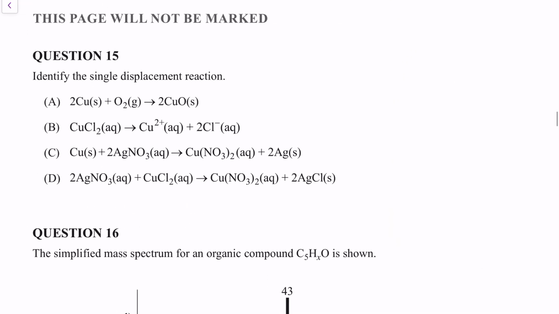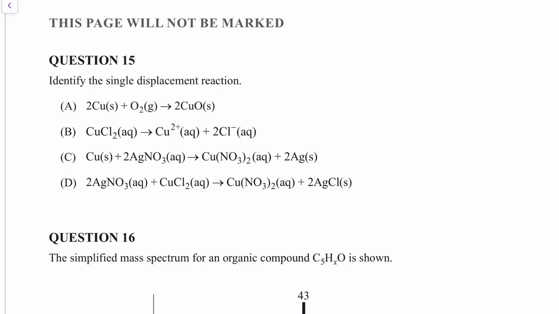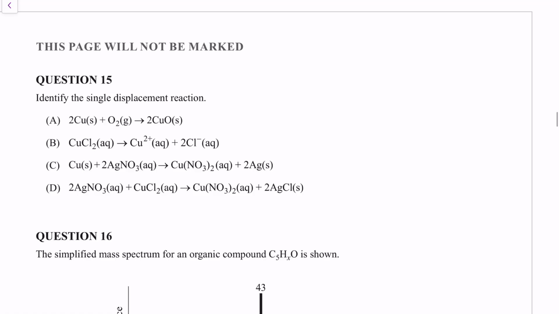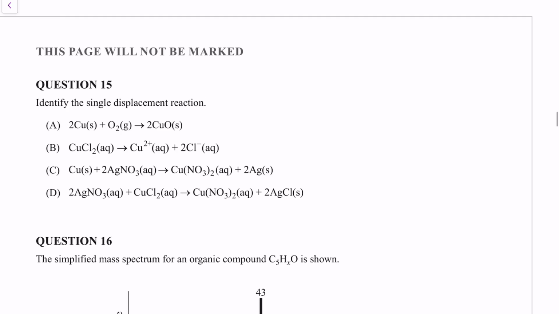Question 15, identify the single displacement reaction. All right, so we know that single displacement reactions are really just about: we have compound A, and then that's attached to like BC.